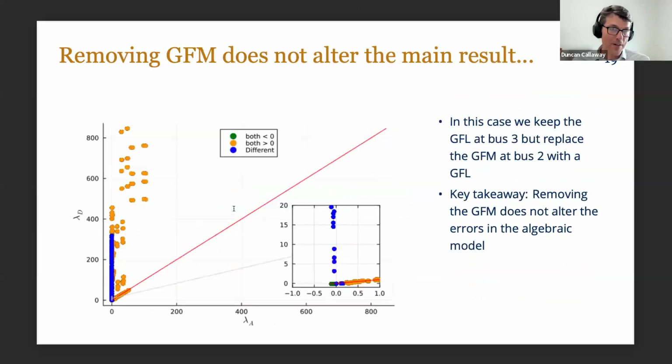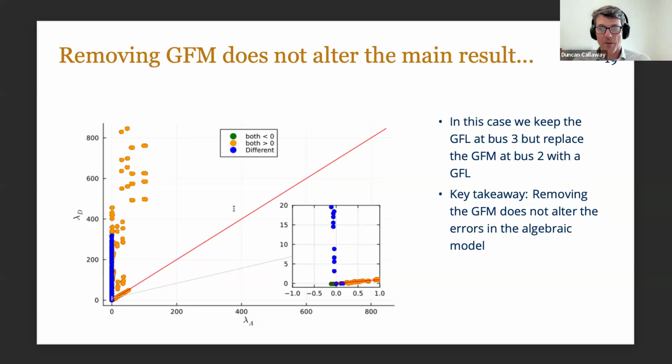So we did a couple of other basically sanity checks to make sure that the result we saw is robust. And so in this case, we took exactly the same simulation, all of the same parameter choices, but we replaced the grid forming inverter at bus 2 with a grid following inverter.